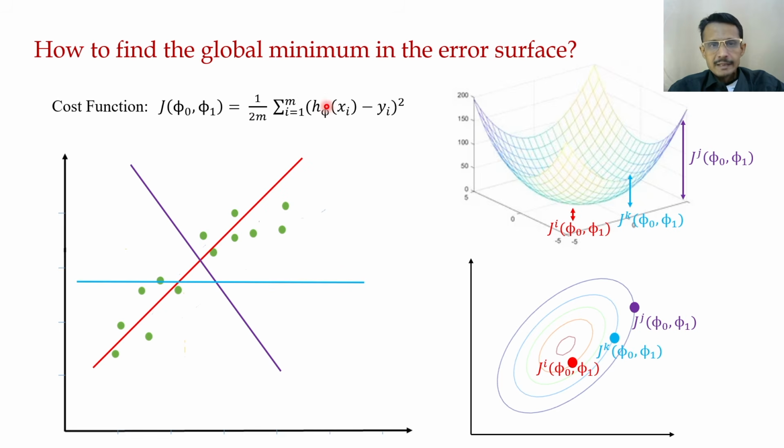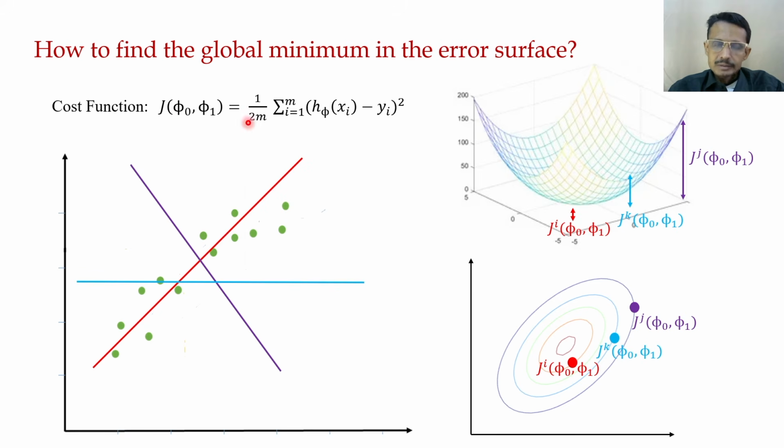Let this be the actual point and this be the predicted point. We calculate this difference, h phi of x i minus y i, take its square and sum it over all the data points. Let there be m data points, so we sum over them and average it out. This is the squared error cost function.